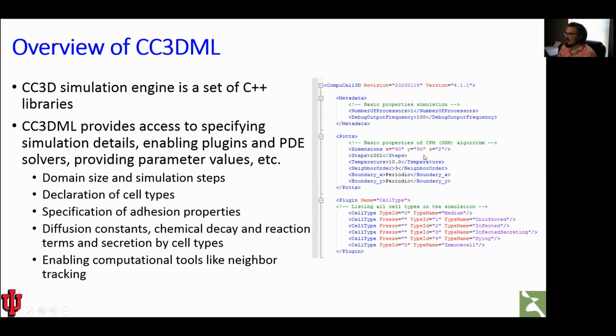You can see that this is fairly straightforward and intuitive. Again, all of this is described in the CompuCell3D reference manual. You can see an example of specification of cell types for our actual simulation framework that we'll be messing with today. You'll notice that some of these names may look familiar. This is prescribing our immune cells and our uninfected cells.